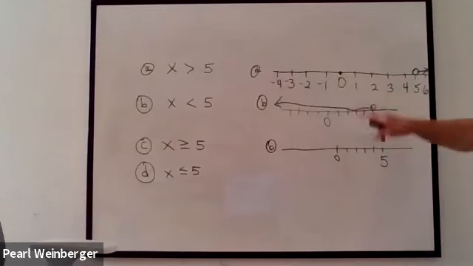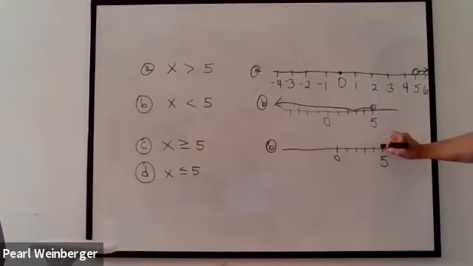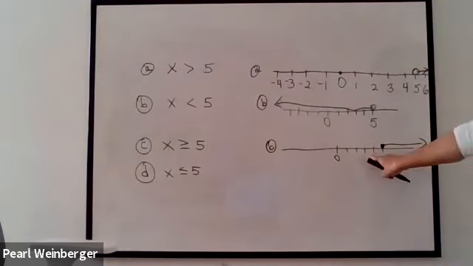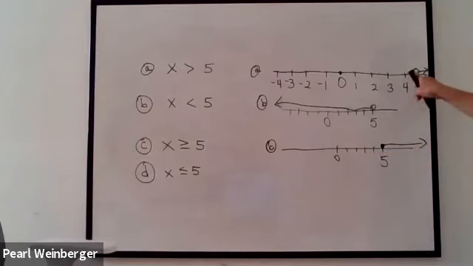To say X is greater than or equal to 5 means it includes 5, because it says equal to 5, and greater means to the right. The difference between X greater than 5 and X greater than or equal to 5 is simply whether you fill in the circle, which means you include the 5, or you leave it empty, which means the 5 is not included.